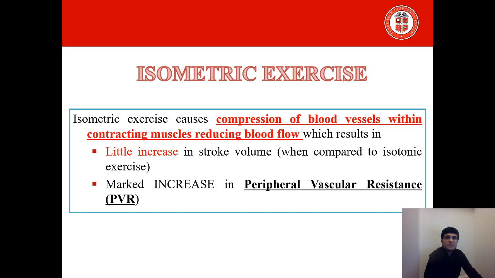Now, this whole story which we have been talking about in the last 10 to 12 minutes is about isotonic exercise, when there is contraction and relaxation taking place in an alternate fashion.